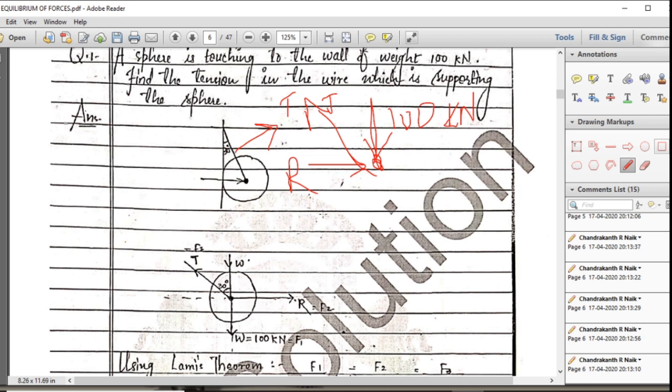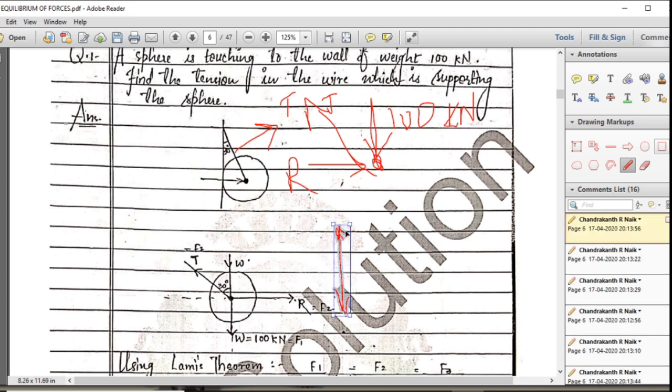This is clumsy, so we can also write it like this: we can bring the weight here and shift the reaction, but the direction shouldn't change. Left to right means left to right only, up to down means up to down only, and here we can denote T.